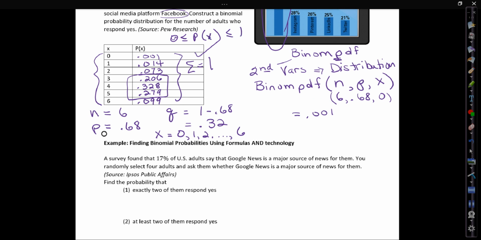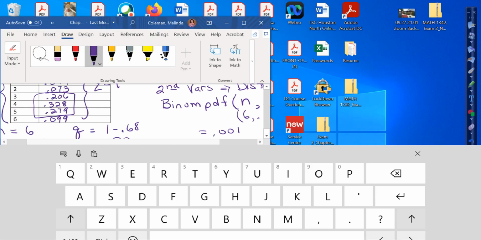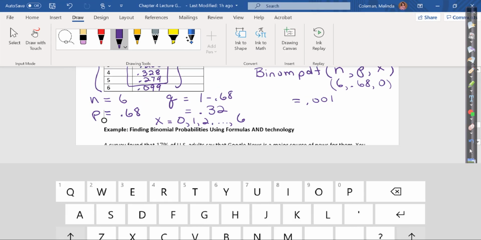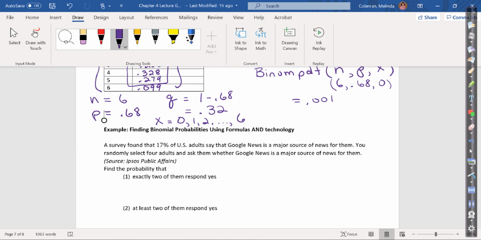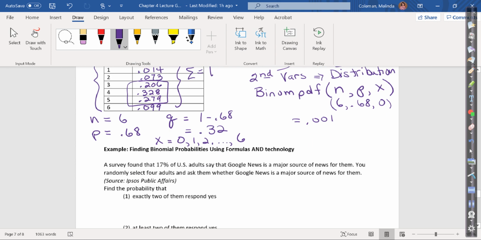As long as you're using your calculator carefully, that's usually the case. You usually don't have too much issue, unless you're not using a calculator. But sometimes we do hit the wrong button. So again, checking is always a good thing.